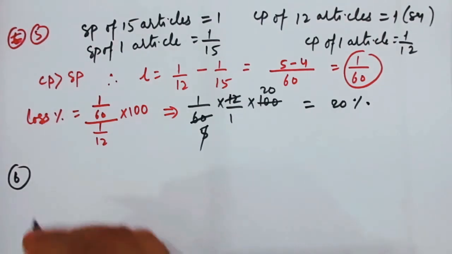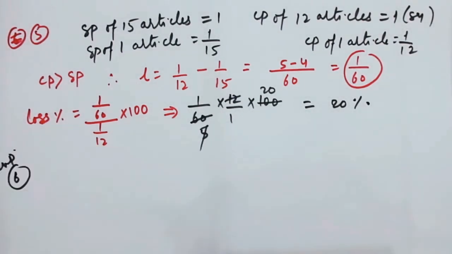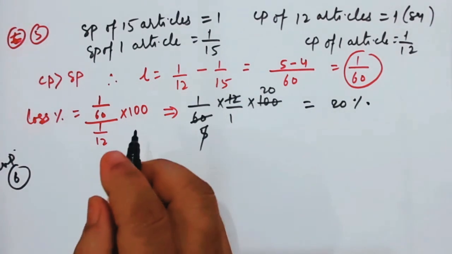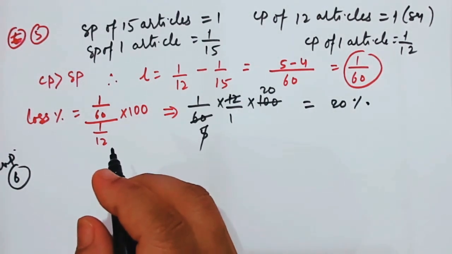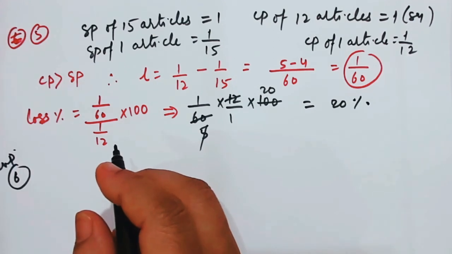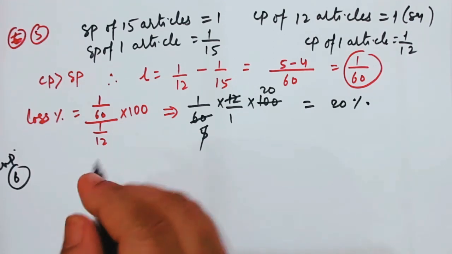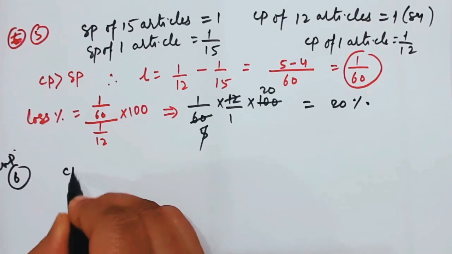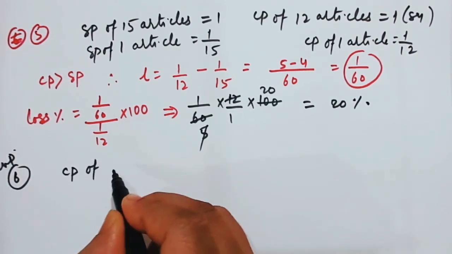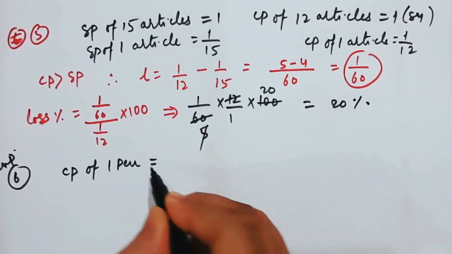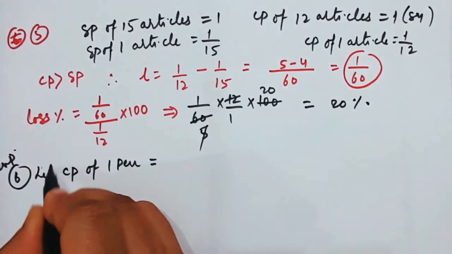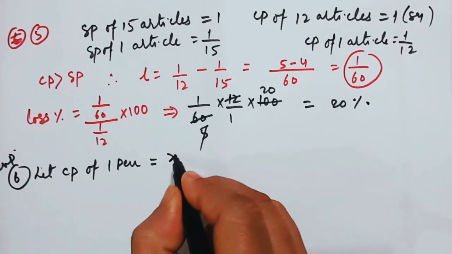What about number 6? Yes, 6 is important. By selling 8 pens, Shyam loses an amount equal to the cost price of 2 pens. Let the cost price of 1 pen be equal to x.